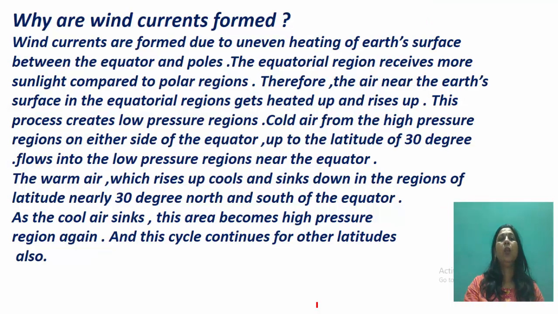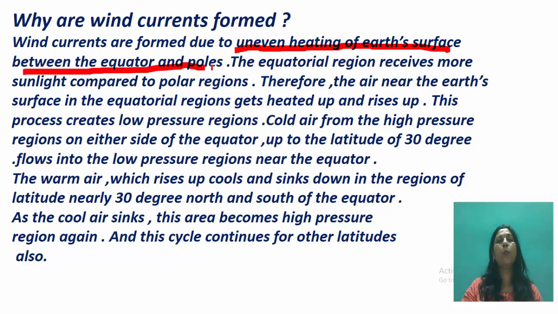Okay. Now, why are wind currents formed? Wind currents are formed due to uneven heating of Earth's surface between the equator and poles. We know the equatorial region receives more sunlight as compared to the polar regions.